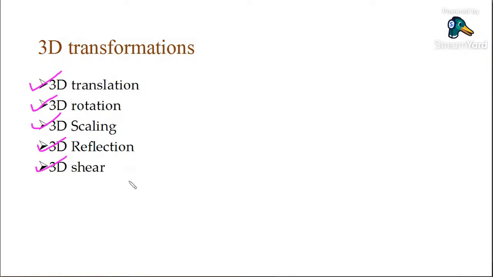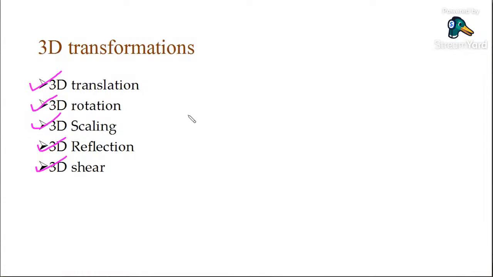So five different types: translation, rotation, scaling, reflection, and shear. If you are clear with the two dimensional concept, definitely you can understand the 3D transformations. So 2D will definitely be helpful for 3D transformation.